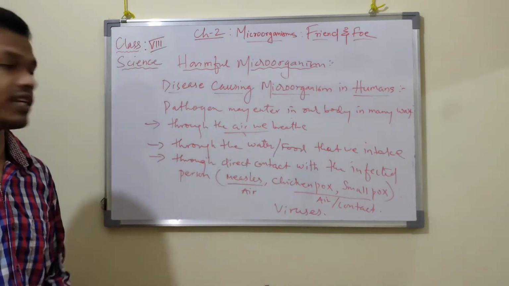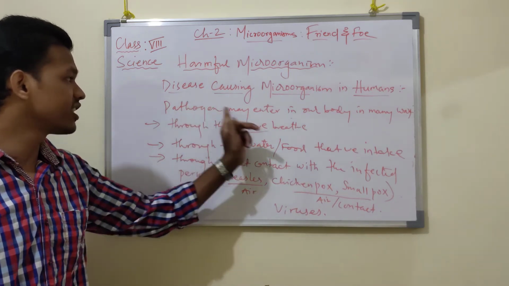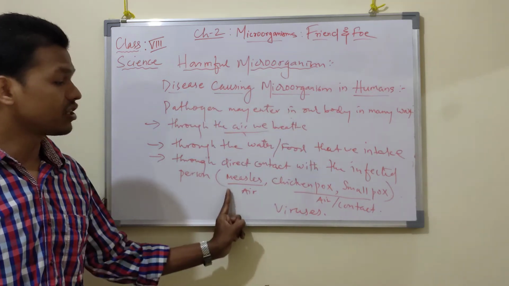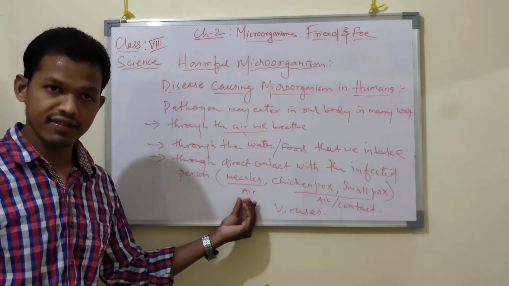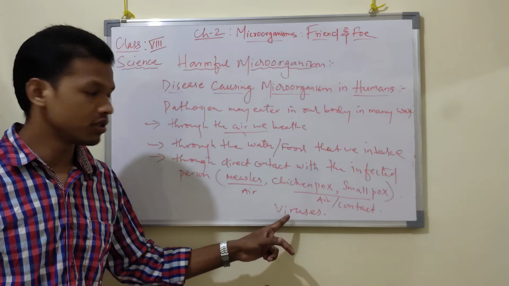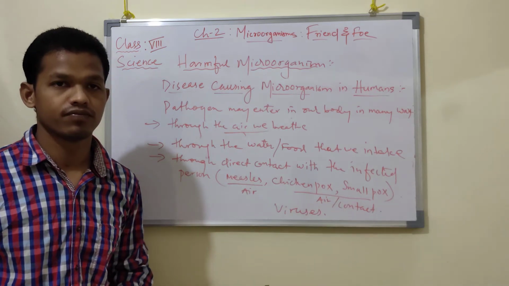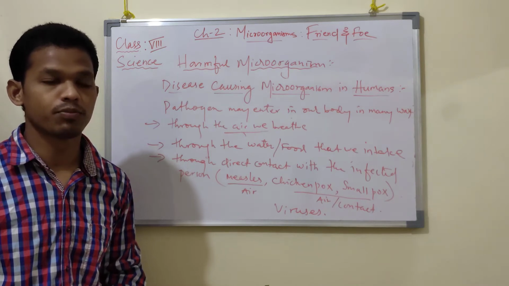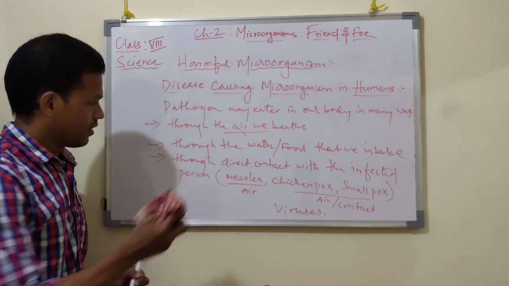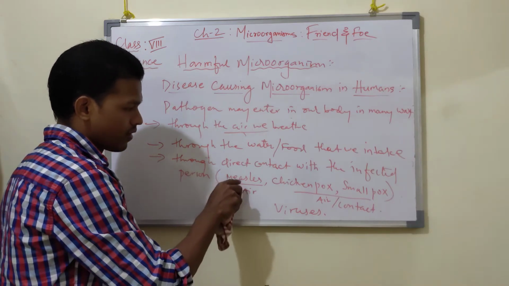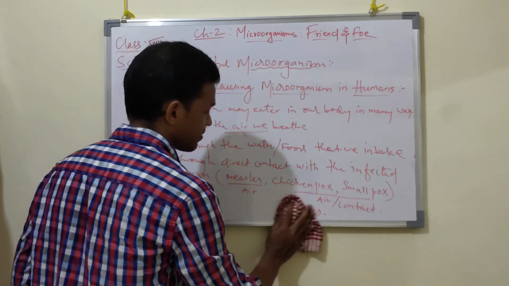So through direct contact with the infected person, these pathogens may enter our body. That can cause a disease called measles, which is transmitted through air. Virus is the microorganism which causes measles, chickenpox, smallpox. So through air or direct contact we may get diseases.